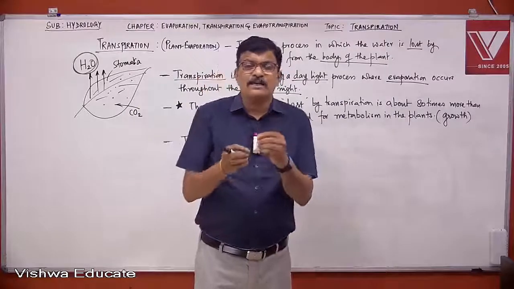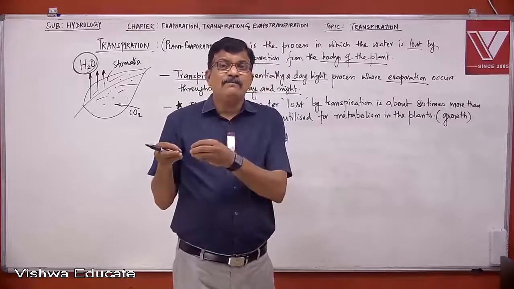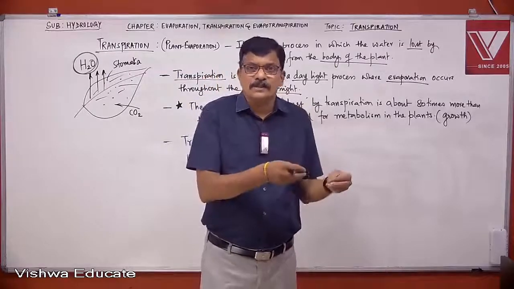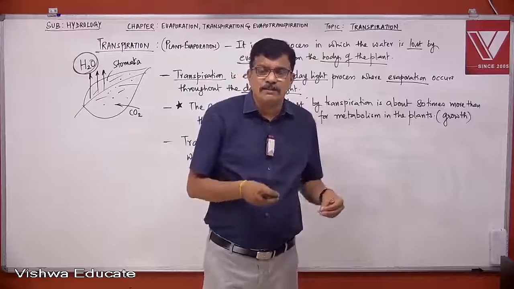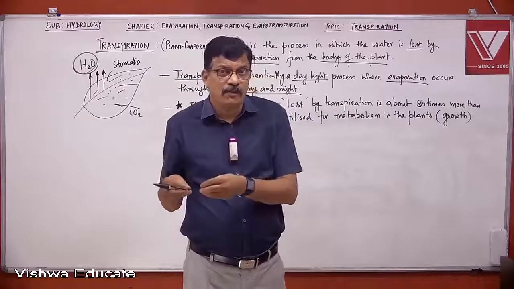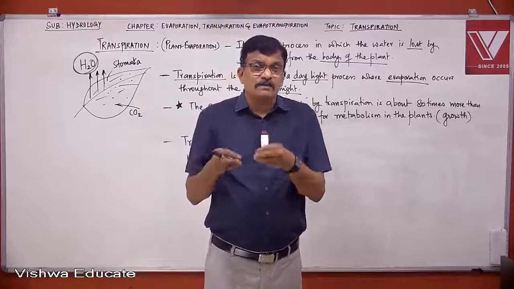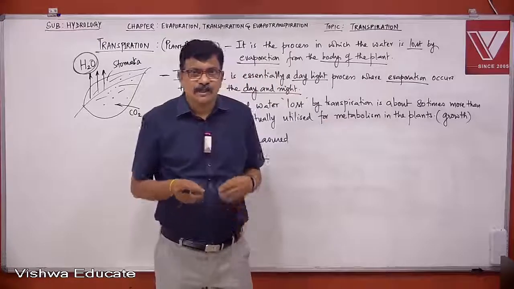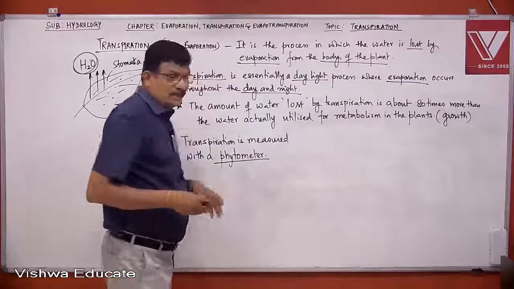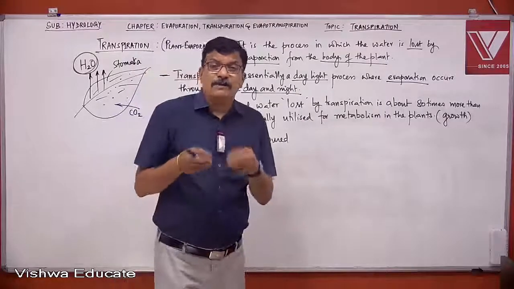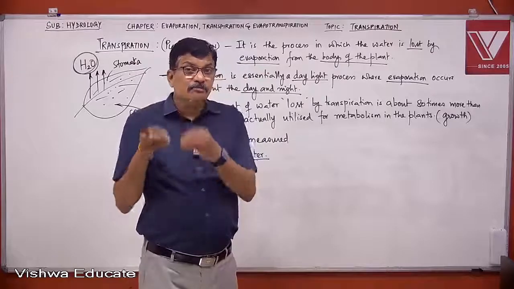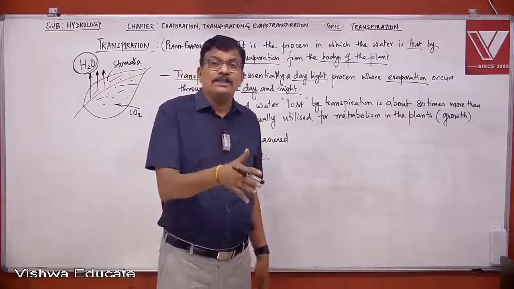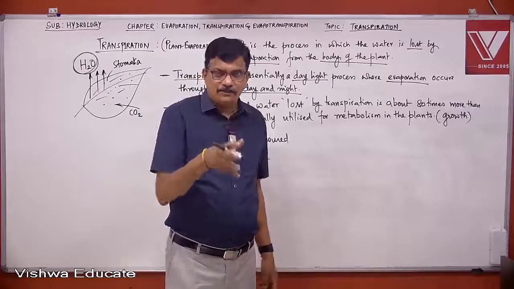So let us quickly recollect, how did we measure rainfall? It's a rain gauge, maybe recording or non-recording type. How do we measure snowfall? One of the methods is also using a non-recording type rain gauge. Then coming to evaporation, how do we measure evaporation? The instrument used to measure evaporation is the evaporimeter or the pan evaporimeter.